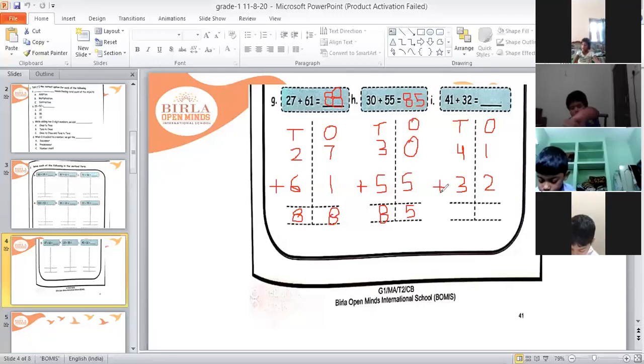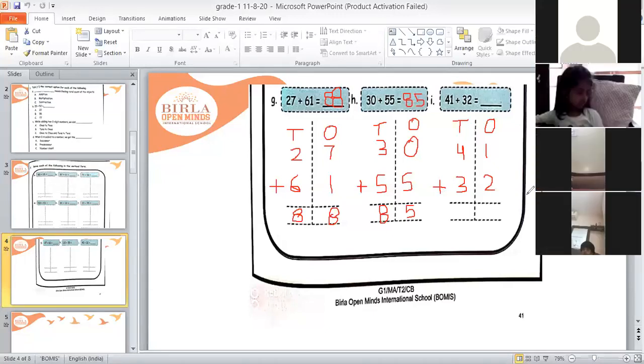Yeah. Ashita, now tell me 1 plus 2 how much? 3. Very good. Children, 1 plus 2 is 3. Very good, Ashrita. And 4 plus 3? Start counting after 4 and count forward 3, Ashrita. 7. 4 plus 3 is 7, children.